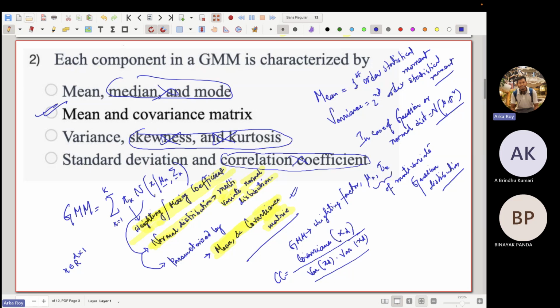So this is the correlation coefficient formula. Again, the correlation coefficient is not at all related to the Gaussian mixture model equation. So this is also not the correct answer. So mean and covariance matrix is the correct answer for this particular question.